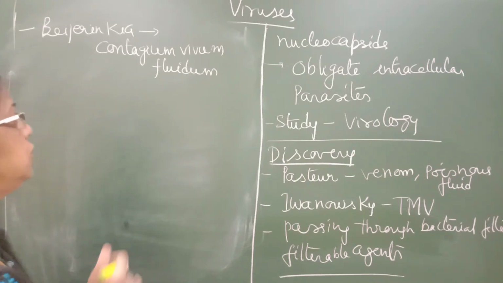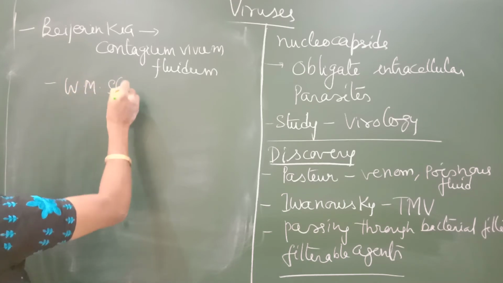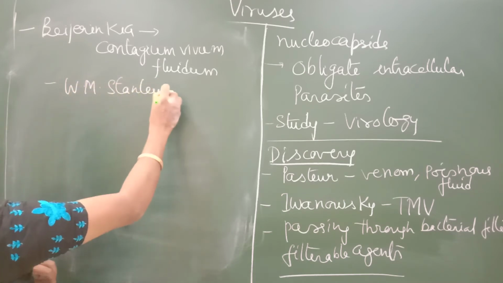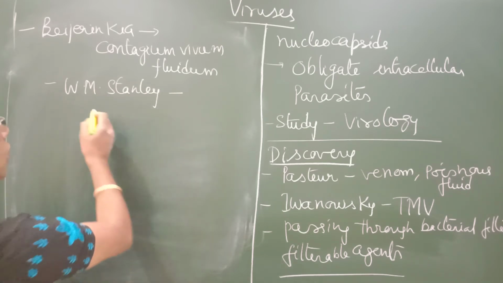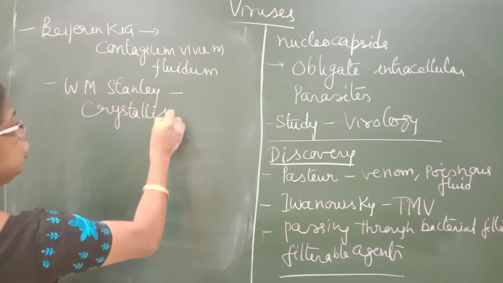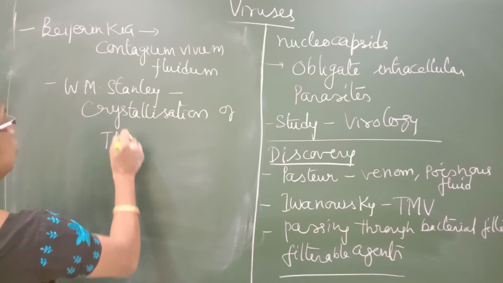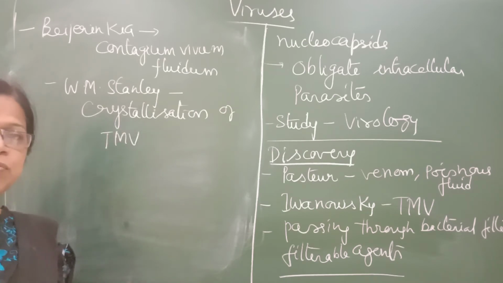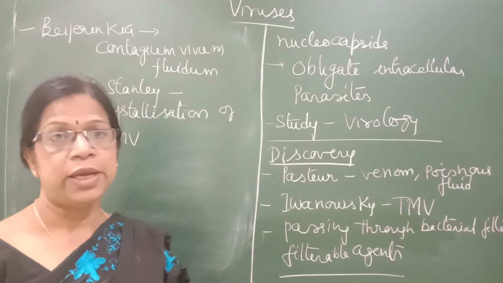Then the other scientist who studied was W.M. Stanley. He was the first one to crystallize tobacco mosaic virus.